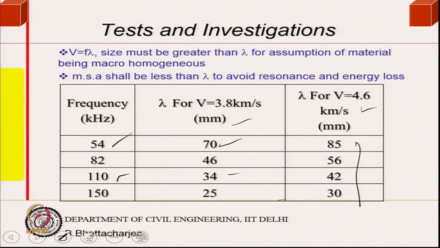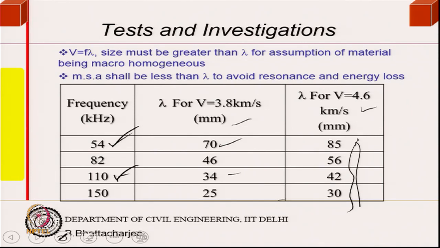So, you can see that these are the kind of frequencies normally people use in ultrasonic pulse velocity measurement of concrete. So, machines will have either 110 kilohertz or 54 kilohertz frequency, and these are the dimensions in millimeters, specimen dimensions. So, there is a restriction on the specimen dimensions which you can measure.